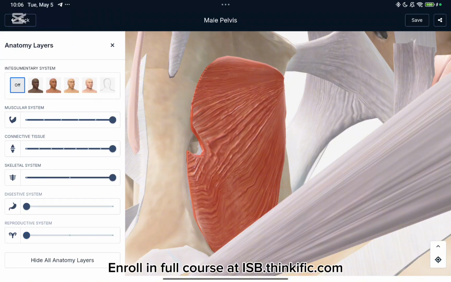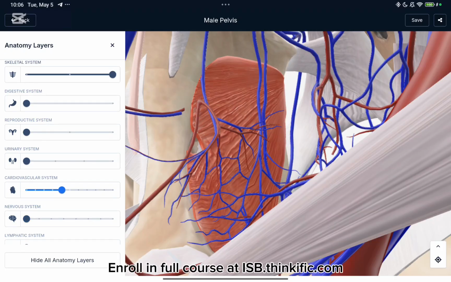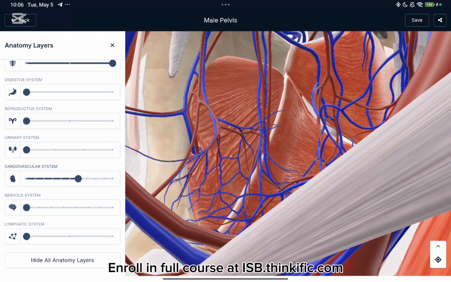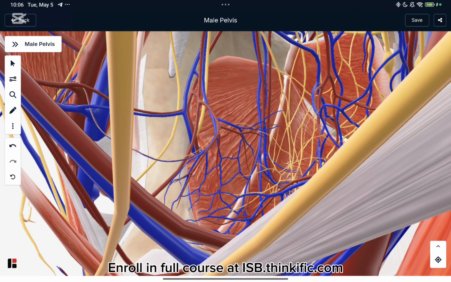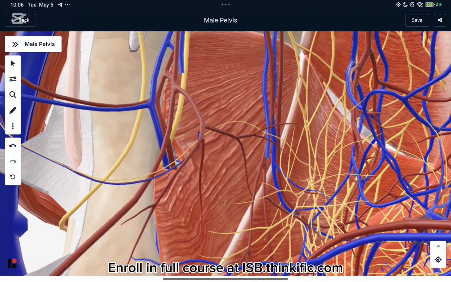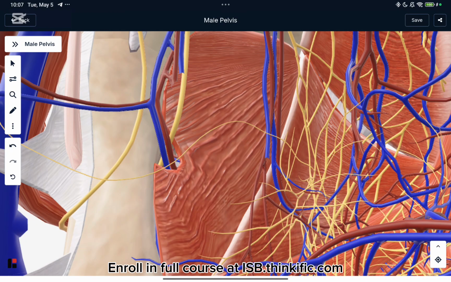What passes through it? Nerve-wise, there is a nerve called obturator nerve, right? So I'm going to bring the vessels and nerves into this region. These are vessels and nerves. Let's hide some of the structures over here to see things better. All right.